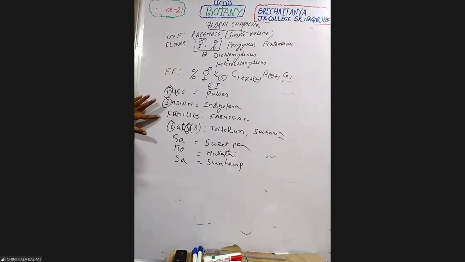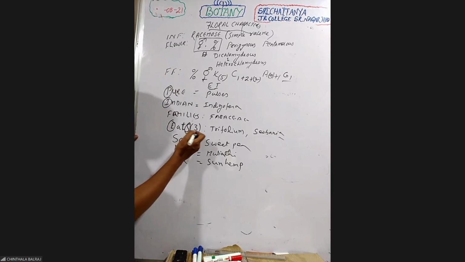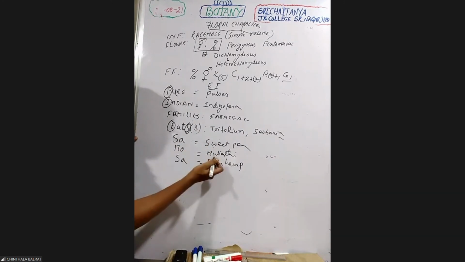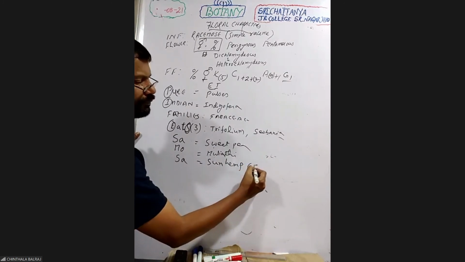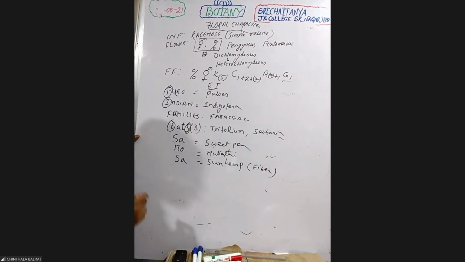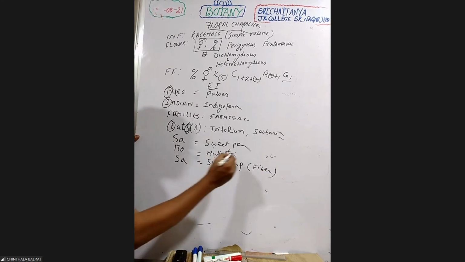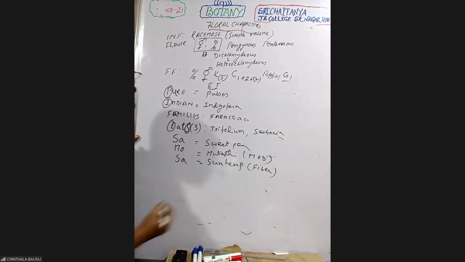Pure Indian families eat samosa. P for pulses. I for Indigofera. Family Fabaceae. Eats 3: Trifolium and Sesbania are fodder; S for sweet pea; M for Mulethi, medicinal plant; S for Sunn hemp, fiber plant.